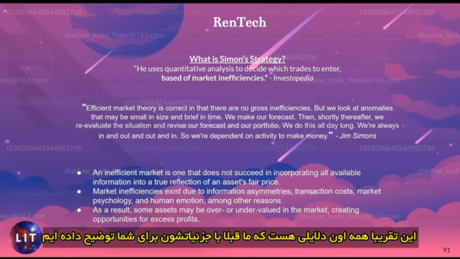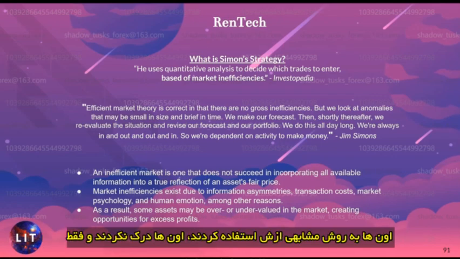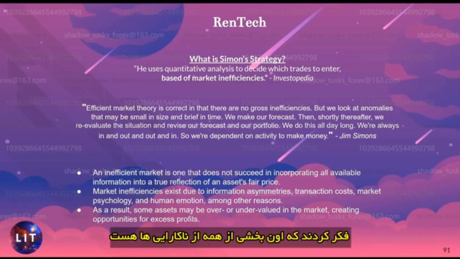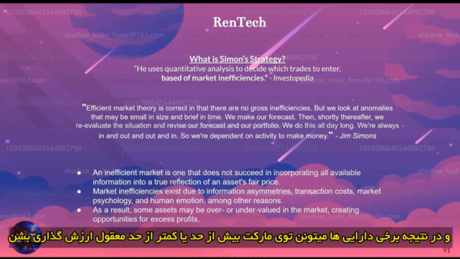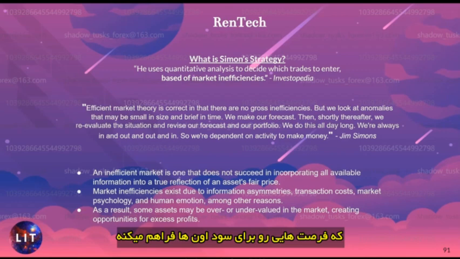That's pretty much all the reasons we gave you earlier in a detailed way anyways, but they used it similarly, they just didn't have the understanding, they just thought it's part of all these inefficiencies. And as a result, some assets may be over or undervalued in the market, creating opportunities for their profits.